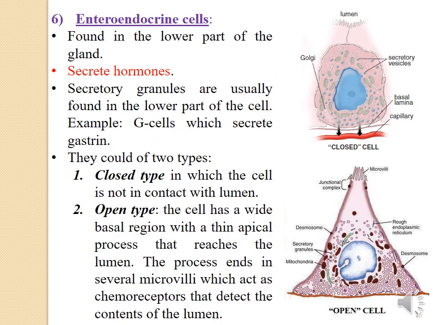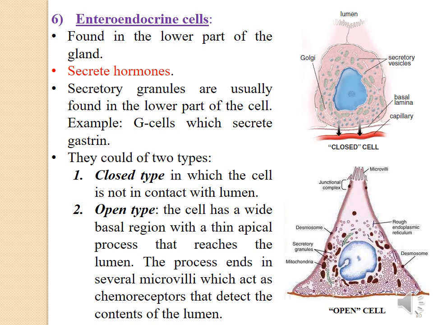Finally, we have the enteroendocrine cells. From their name, these are endocrine cells. They are found in the lower part of the gastric glands, and of course, they secrete hormones. The secretory granules of these cells are usually found in the lower part of the cell. These are endocrine cells that secrete hormones.